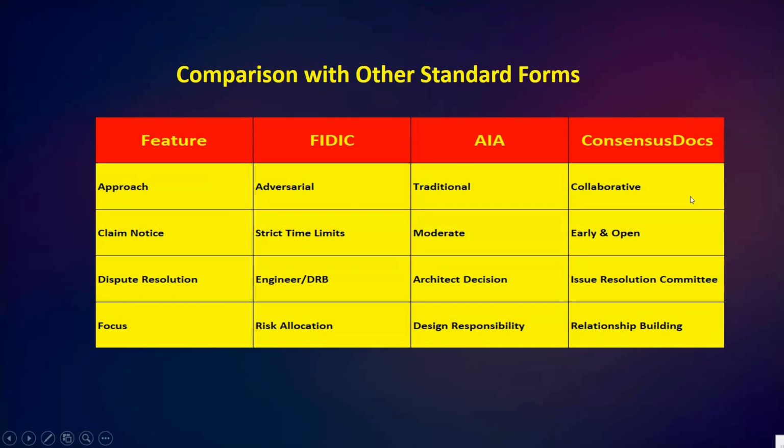Then ConsensusDocs, on the other hand, is collaborative, emphasizing early notice, open communication, and shared problem solving through the issue resolution committee. So, in simple terms, while FIDIC and AIA aim to manage disputes, ConsensusDocs aims to prevent them. Okay, so I hope this is clear.